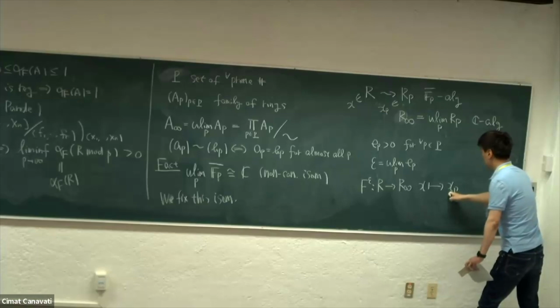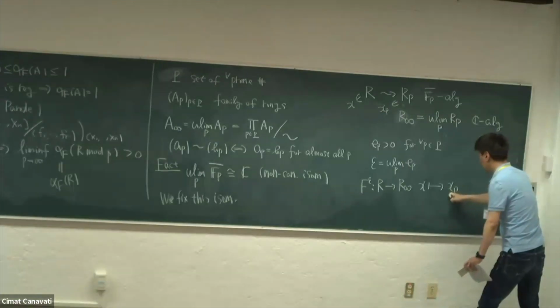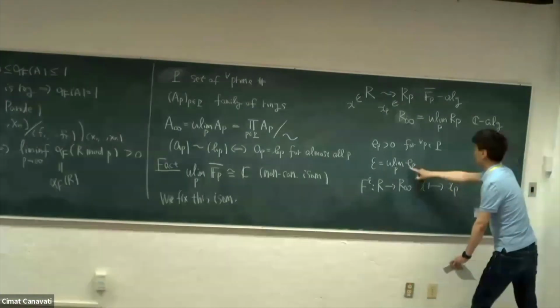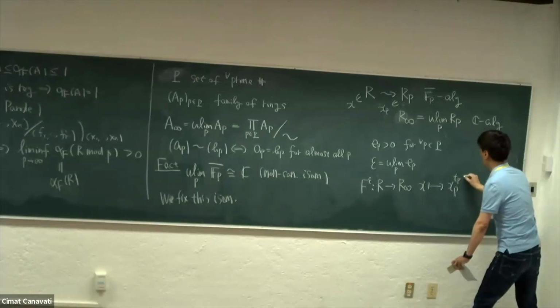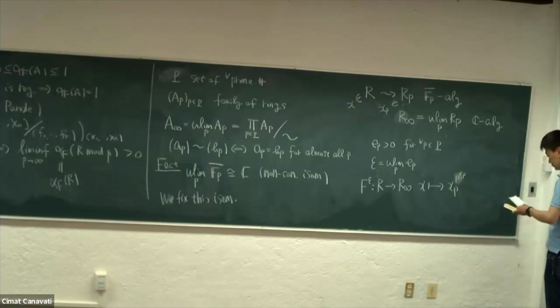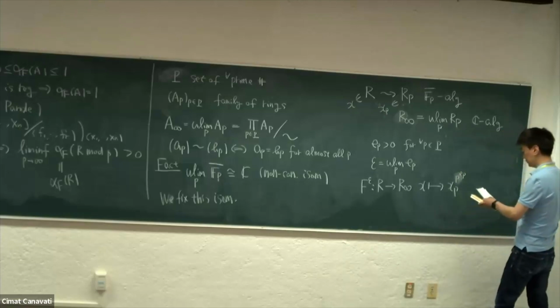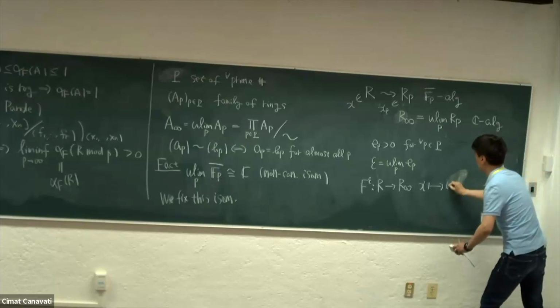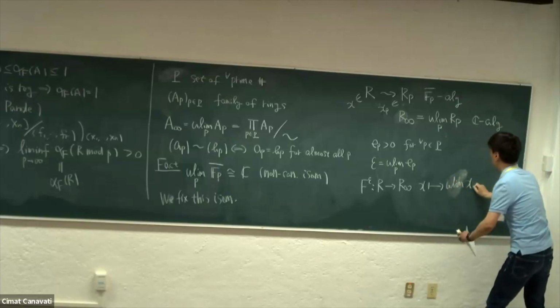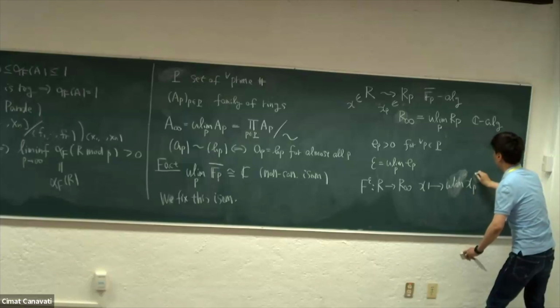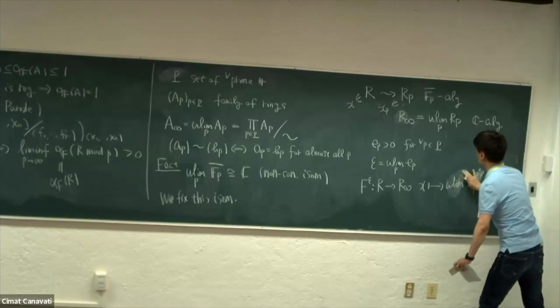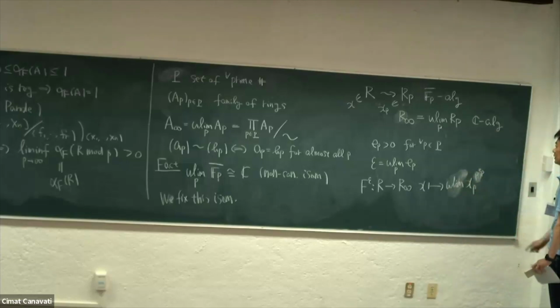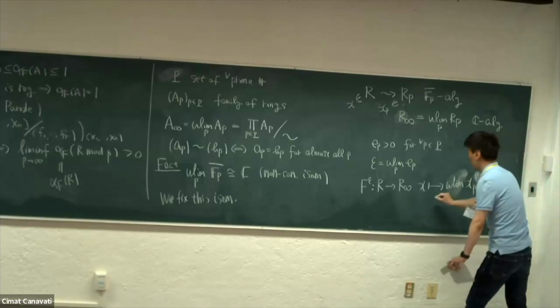Then we take X sub P to the E sub P power, and then we take an ultra product. This map is called the ultra-Frobenius property.